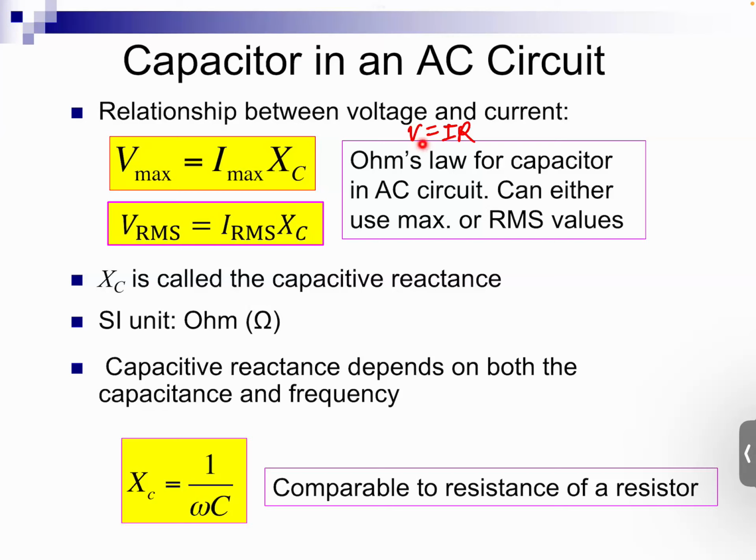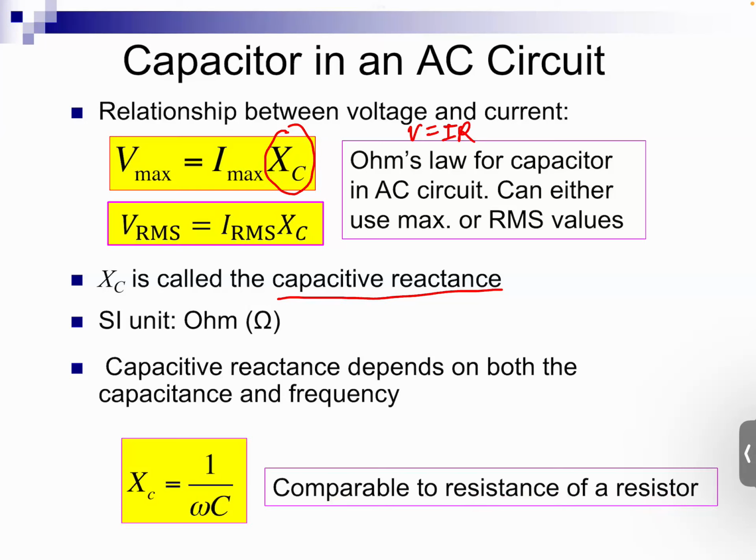So we can use V is equal to IR if we replace R with this quantity XC. And XC is what we call capacitive reactance. The capacitive reactance is like the counterpart of resistance in AC circuits. So it's comparable to the resistance of a resistor.